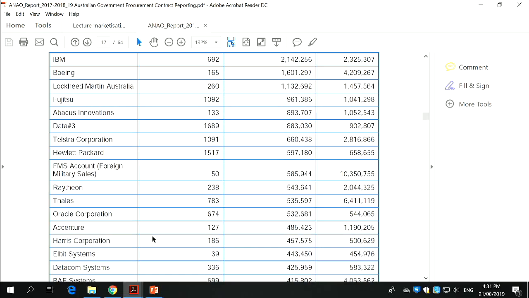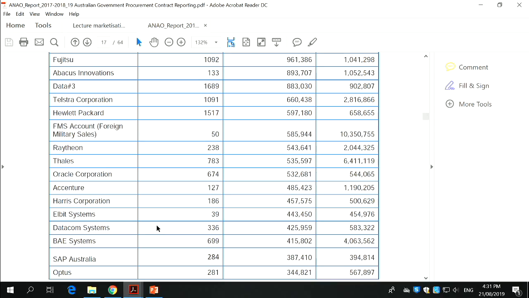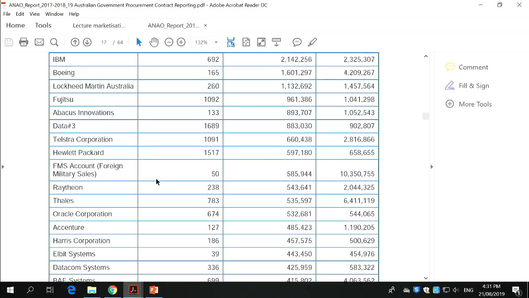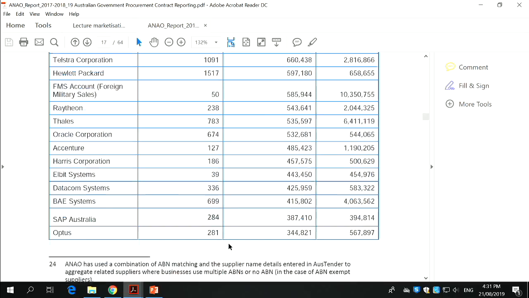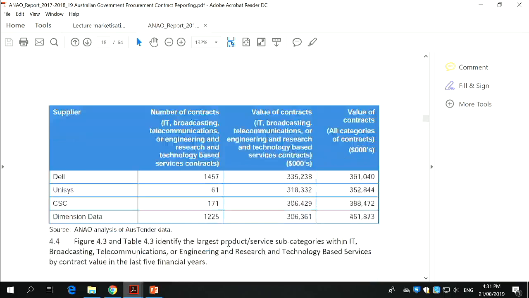All these are private sector providers if the government wants to acquire certain assets or facilities. BAE Systems also provides services to defence as well.